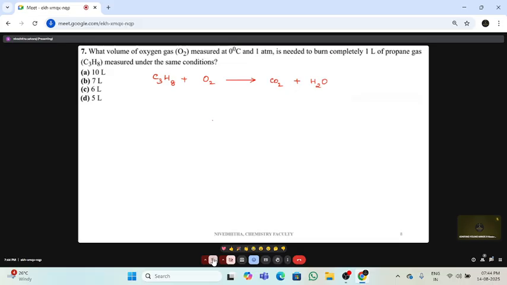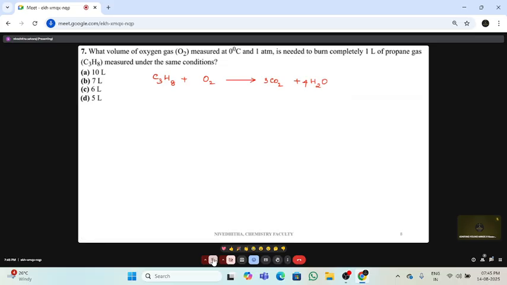Left side I have 3 carbon atoms, so right side also I should have 3 carbon atoms. How about hydrogen? Left side I have 8 hydrogen atoms, so right side also we need 8 hydrogen atoms. So what number do I have to write in front of H2O? 4. Very good. So carbon and hydrogen were balanced.